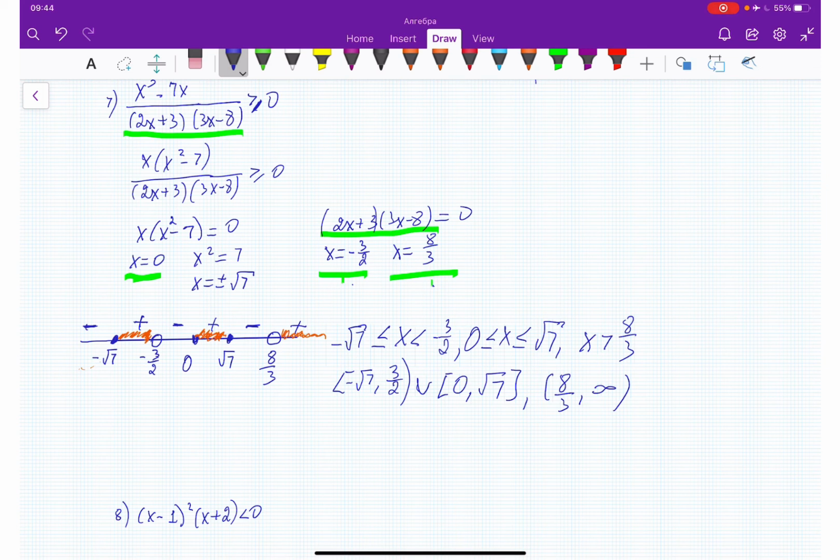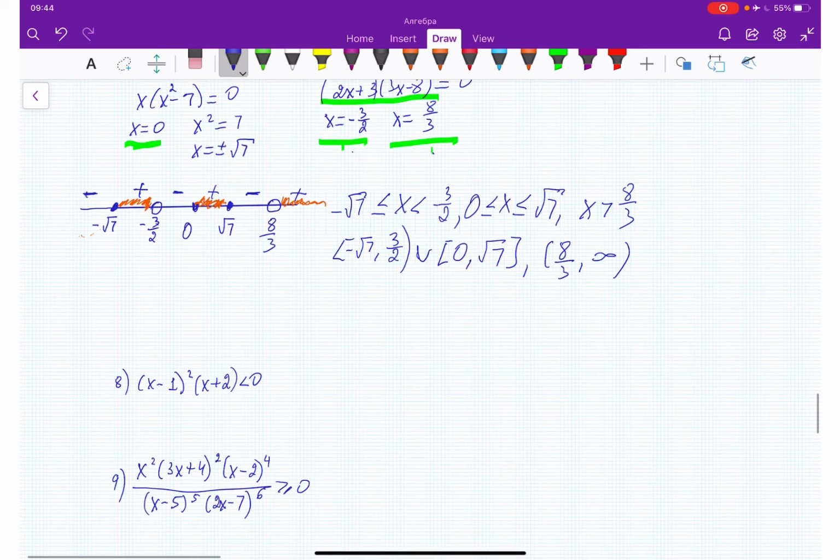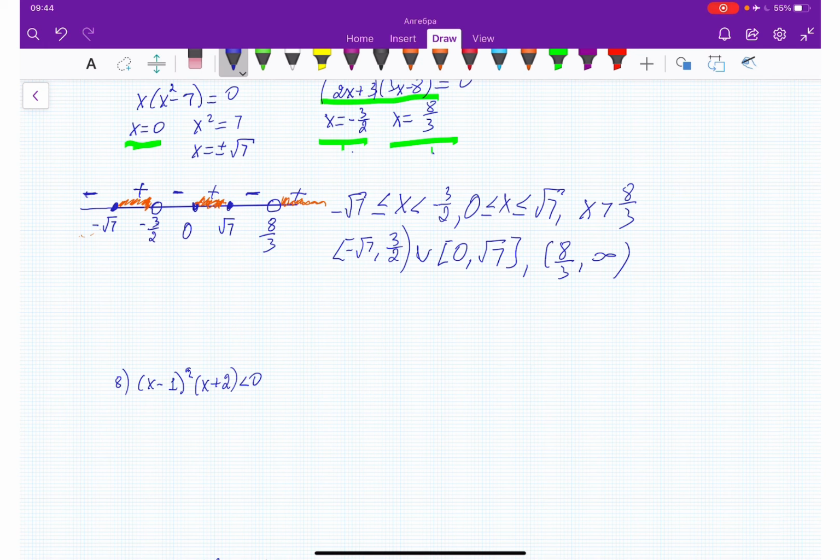Moving to the next one. What do we have here? We have x minus 1 squared times x plus 2. So in one case, x minus 1 squared is equal to 0, x equals positive 1.